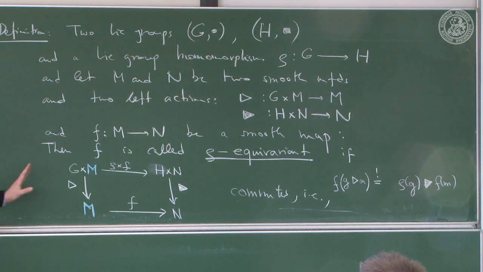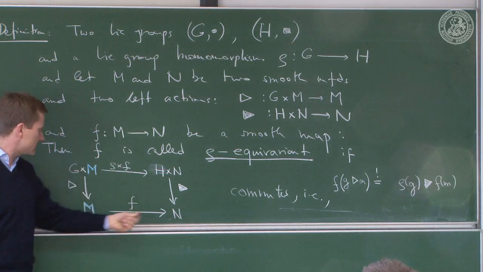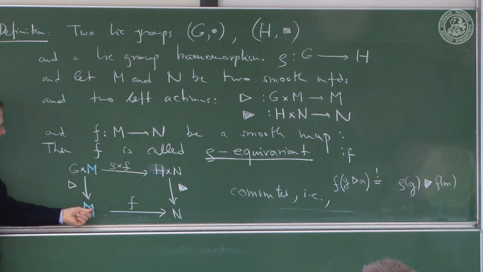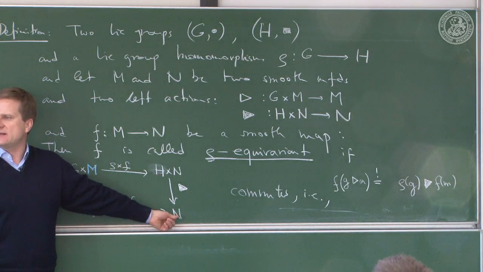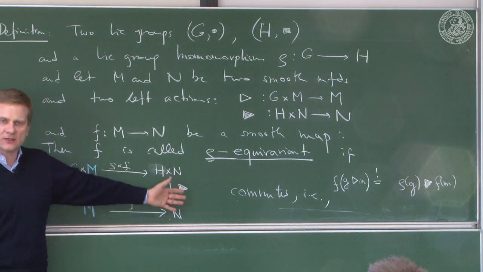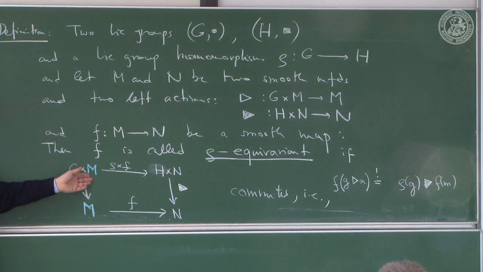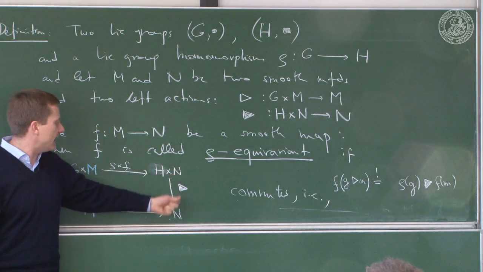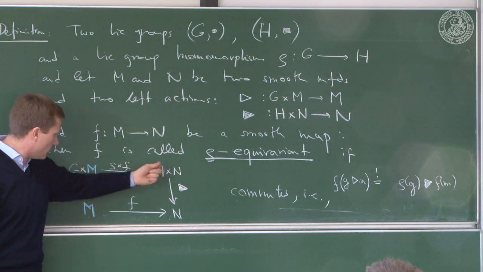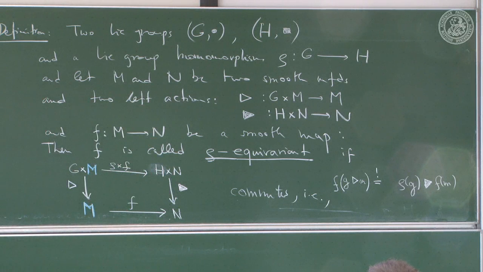So rho equivariant maps between manifolds are maps that preserve a left action that's given on the respective manifolds. So it's again the same principle. We're talking about structure preserving maps between manifolds, only that the structure given now is a particular action of a Lie group on one manifold, a particular action of a homomorphic Lie group on the other manifold.